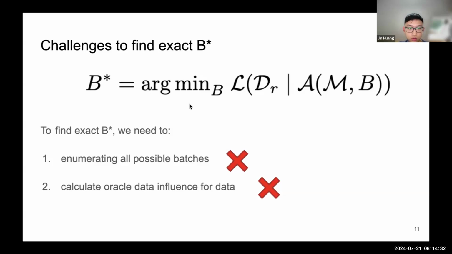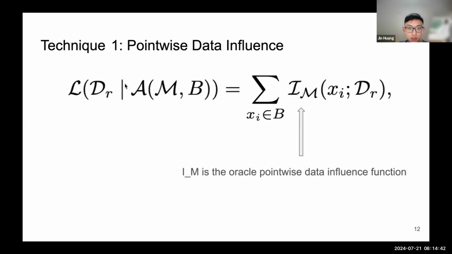To tackle these challenges, the authors propose two techniques to calculate the optimal batch. The first technique is point-wise data influence, which was proposed, I think, by a previous paper.